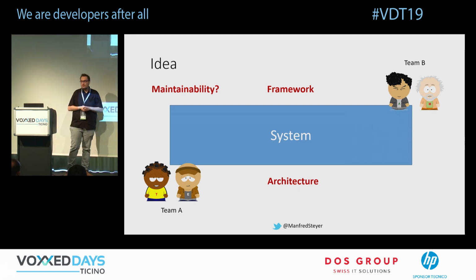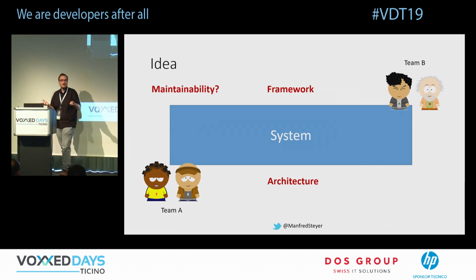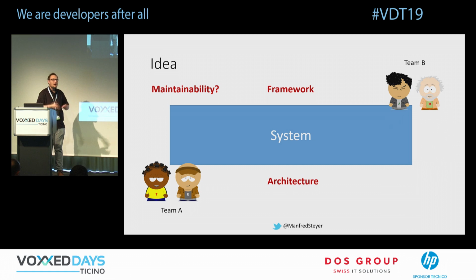Of course, you can try to squeeze in several frameworks, you can try to squeeze in several architectural styles, but at the end of the day, you will end up with a Frankenstein monster. I think you all know this Frankenstein monster, this monster that was assembled of different body parts of different people. It does not feel that well.